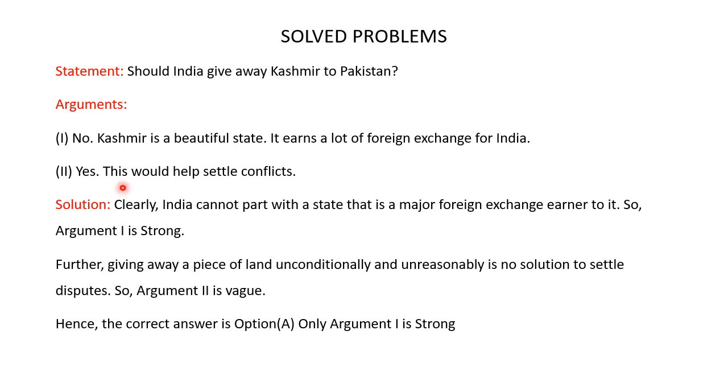It says that giving away Kashmir to Pakistan would help settle conflicts. Now, giving away a piece of land unconditionally and unreasonably is no solution to settle disputes. It doesn't guarantee that the conflicts will be settled. So, argument 2 is vague. So, only argument 1 is strong. Hence, the correct answer is option A. Only argument 1 is strong.